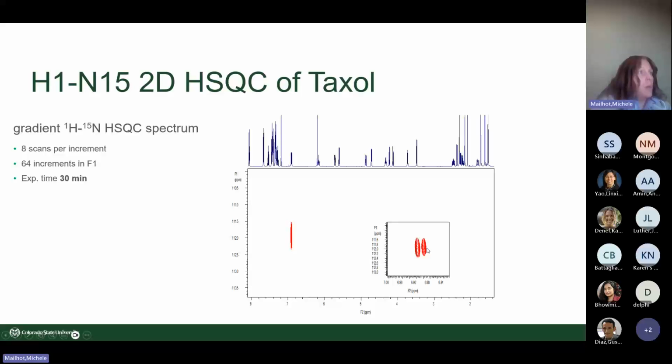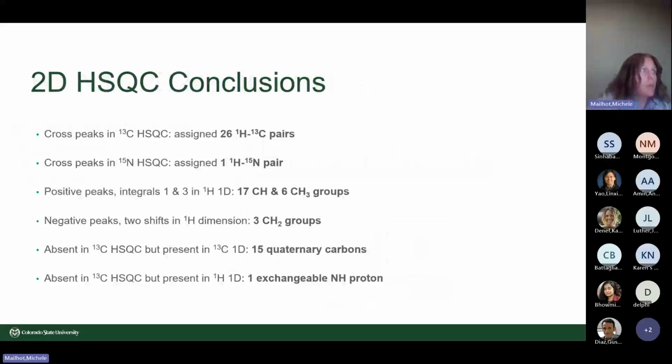So an easy way to get around taking a 1D nitrogen, which can be very difficult, is to do a 2D experiment. So then you get a little bit more data. You get the 1D, of course, because you're collecting the 2D, but then you get which proton it's connected to. So this nitrogen is connected to this proton, so we can eliminate that proton from our list of proton chemical shifts because we know it's attached to the nitrogen. So we already accounted for that one.